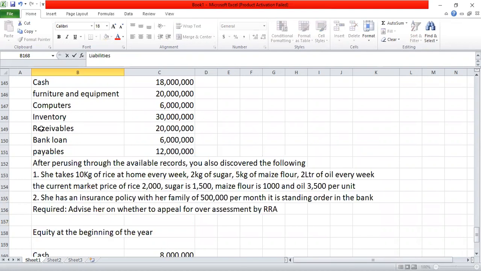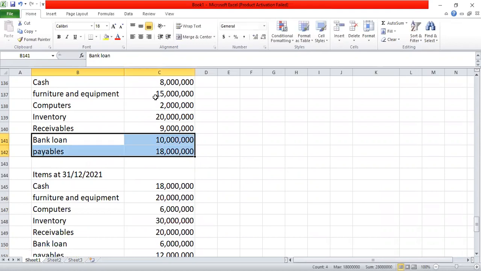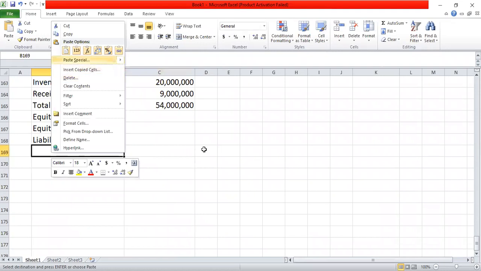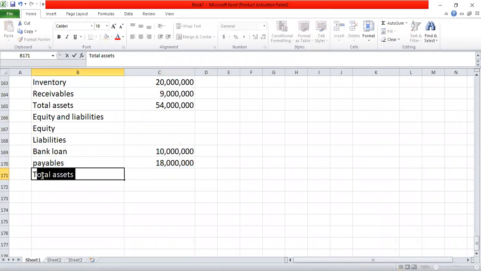So what is my equity? These are the equity component and the liability component. So my total equity and liabilities will be 54.